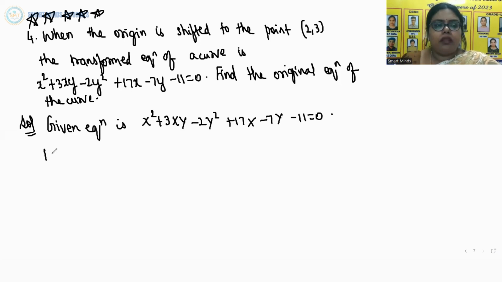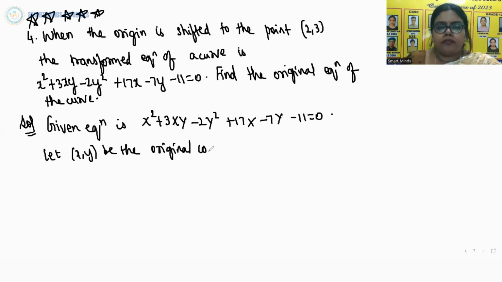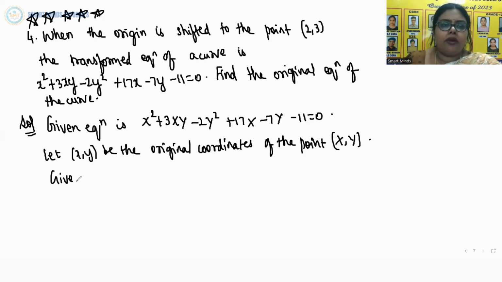Now, because we need to find the original equation, let small x, y be the original coordinates of the point capital X, Y. Now what is the given point? The given point (h, k) is (2, 3).